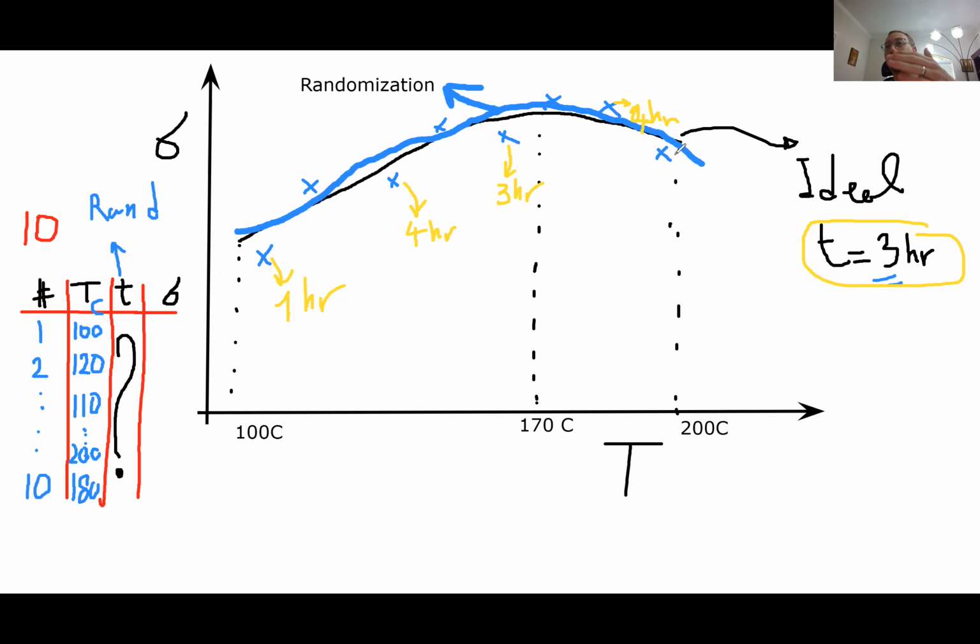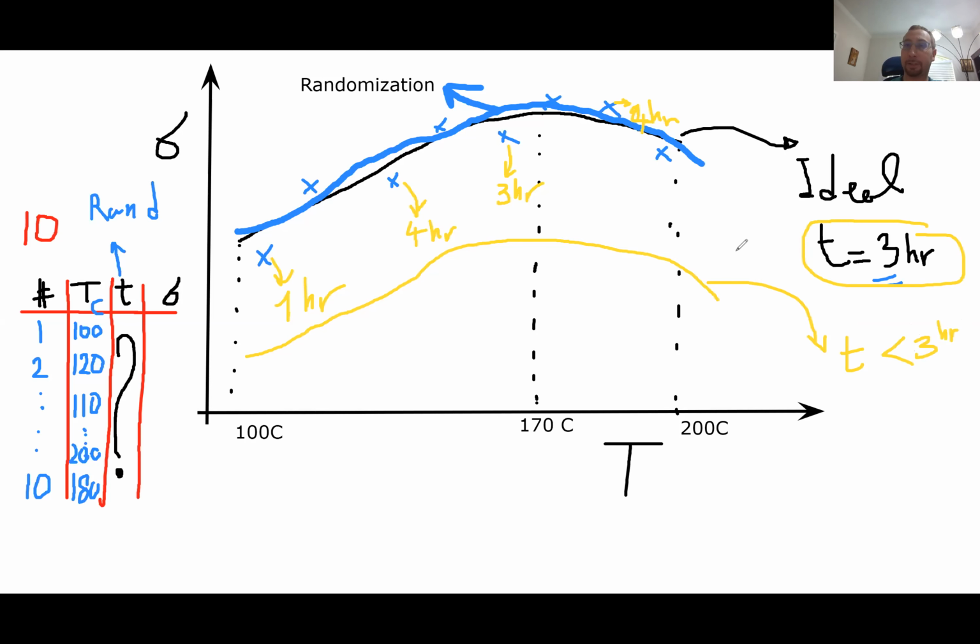Now, let's say instead of that, in all of them, the time was off. All of them were at 1 to 2 hours. Then instead of this blue curve, I probably would have gotten something like this. In this case, time is not random around 3 hours. It's always less than 3 hours. So this is not a randomization experiment.